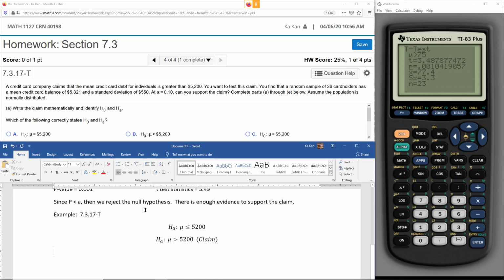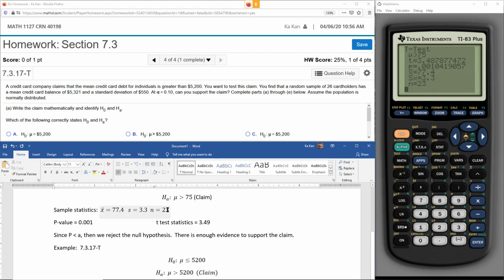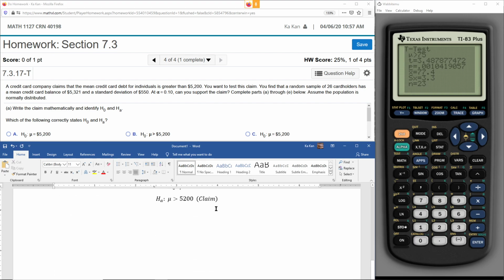So now, let me see, do they give us a sample statistic? Let me copy this right here. So basically this time, we are given the sample mean, which is 5321.